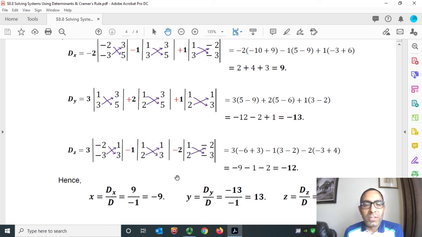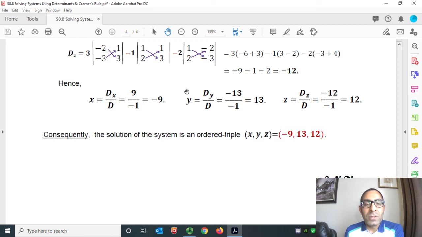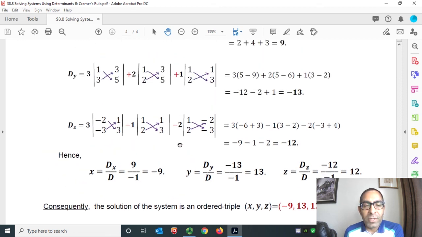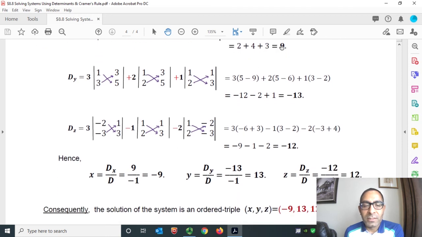I hope you understand this computation, so please pause the video and try to expand these determinants and get the answers here. Great. So now, by Cramer's rule, the solutions are: little x equals the ratio of dx over d, little y equals the ratio of dy over d, and little z equals the ratio of dz over d.